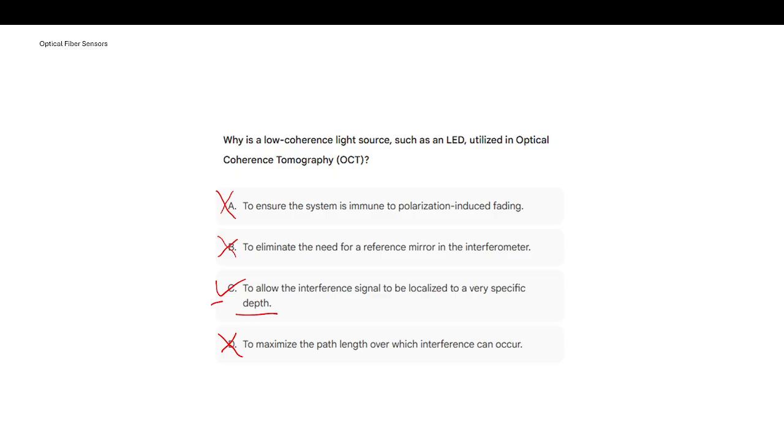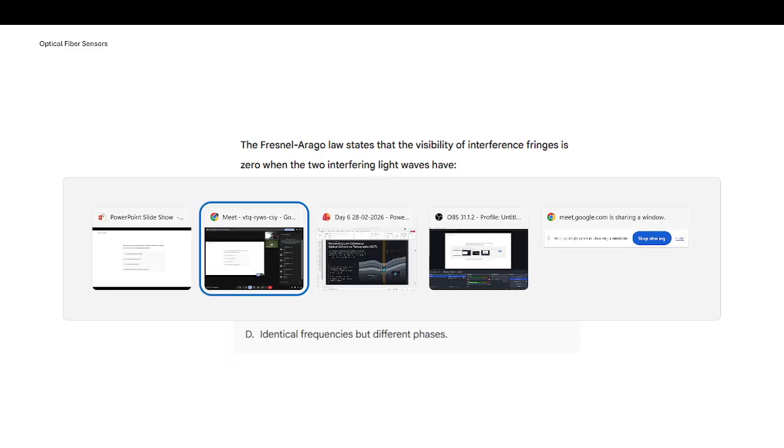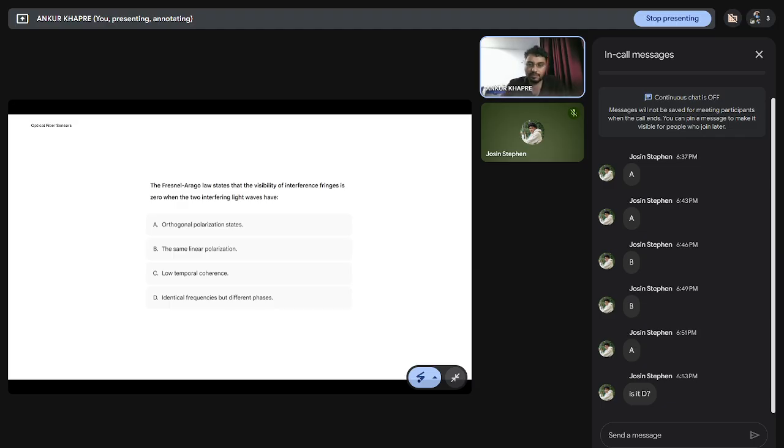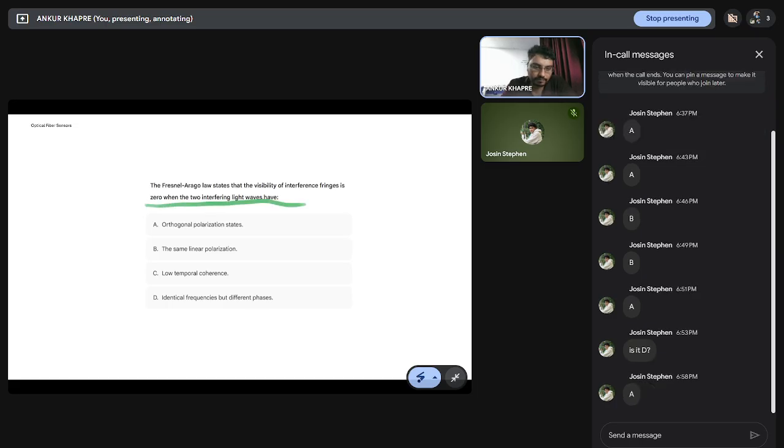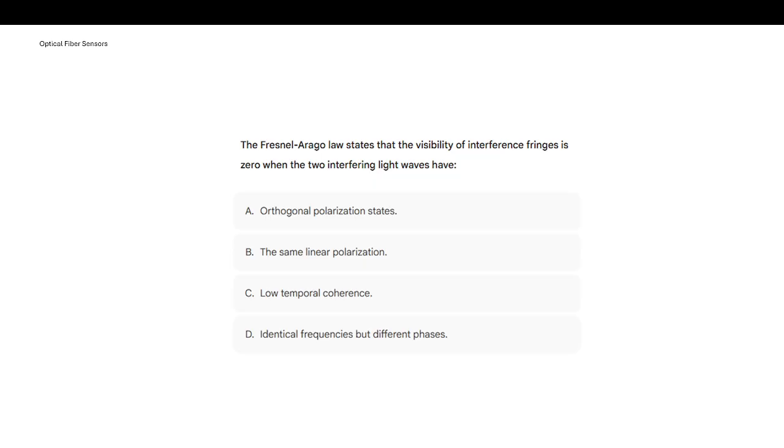Okay, what about this one then? Please tell your answer. Option A. Orthogonal polarization states.